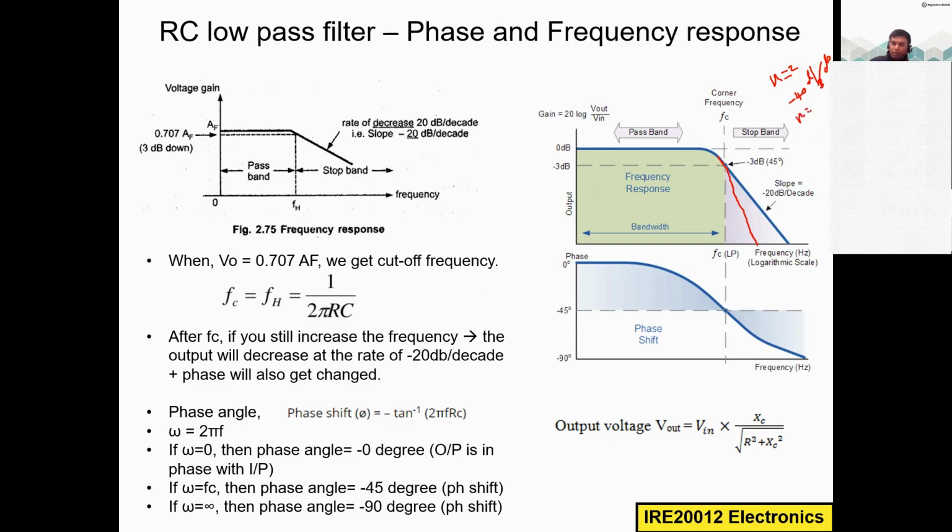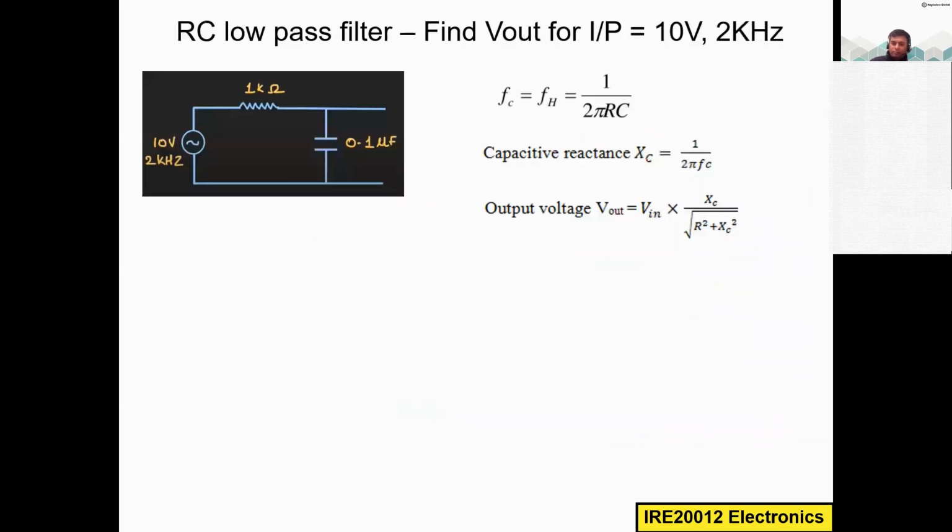When the n value is equal to 3, n times this standard value, minus 20, gives minus 60 dB per decade. So when you increase the order of the filter, the first order filter's standard value is multiplied by the n value. Third order means minus 60, fourth order means minus 80 dB, and so on.